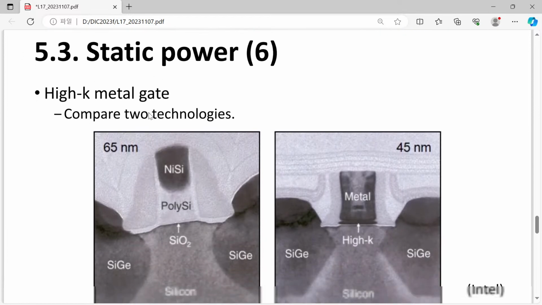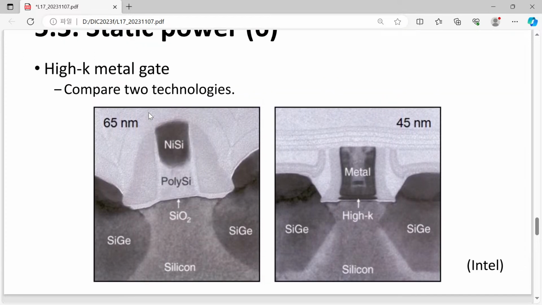However, engineers find ways. So that was 65 nanometer technology, the former technology. And here, as I told you many times, at that time we used polysilicon as the gate material, and here we had pure silicon dioxide as the gate oxide material.